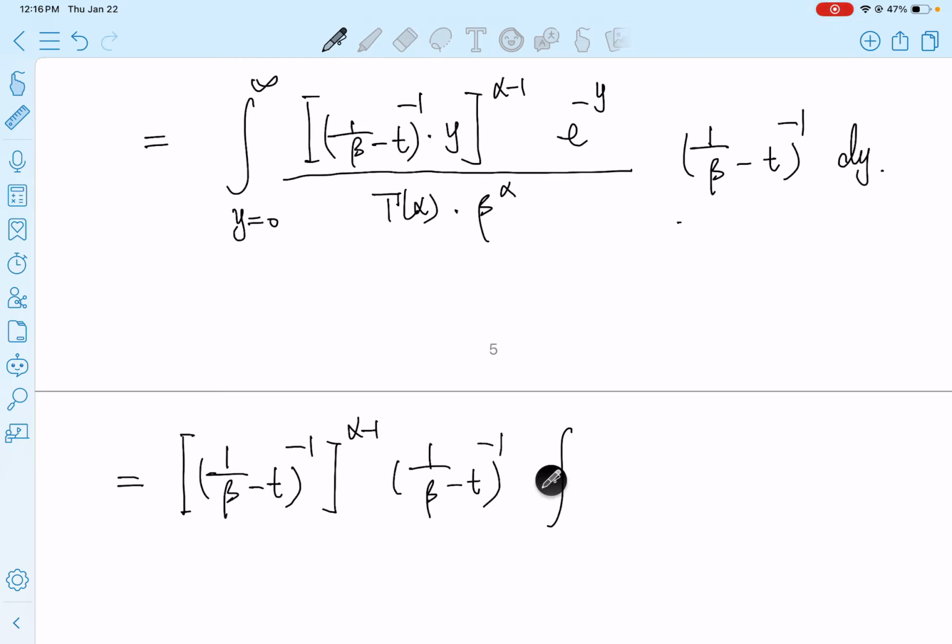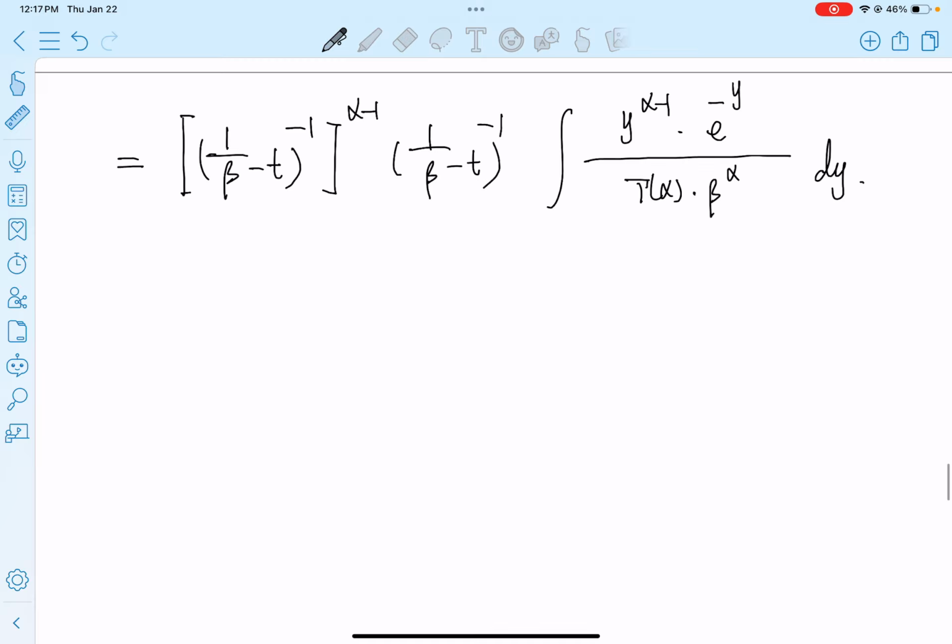So we will have y raised to the power of alpha minus 1, e raised to the power of -y, and then gamma function alpha, beta raised to the power of alpha, and then dy.